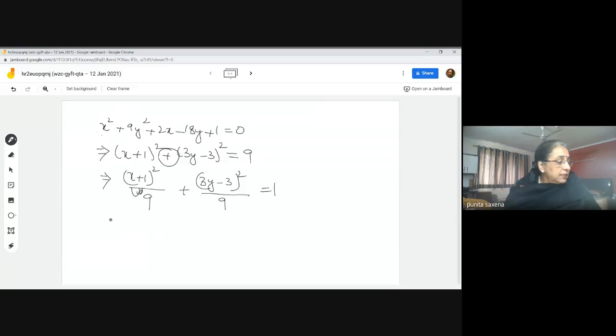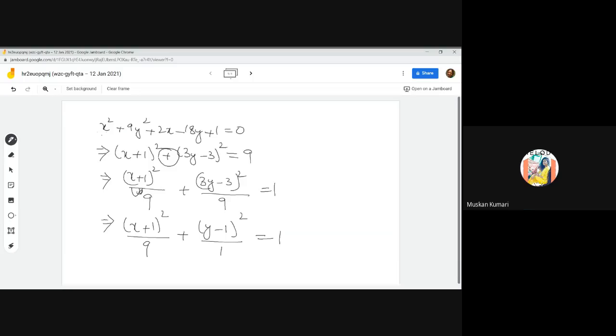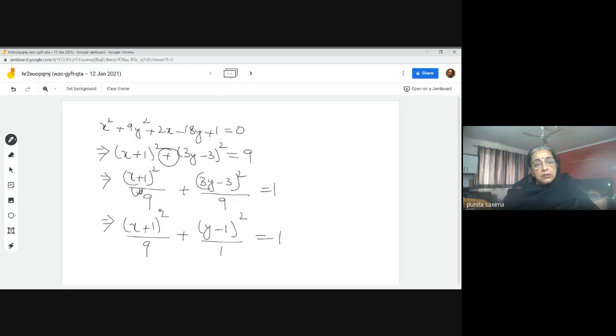Which can be further simplified: from here I can take 3 common and 9 gets cancelled, and you are left with y minus 1 whole square upon 1 equal to 1. Am I right? This is the equation you get? Yes, ma'am. Right.